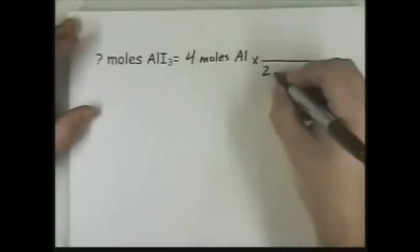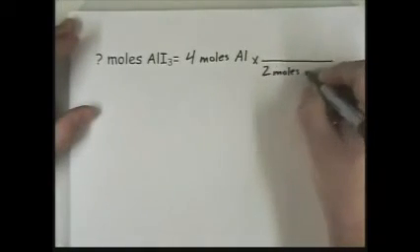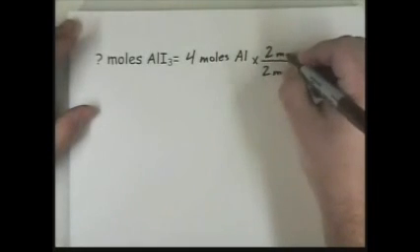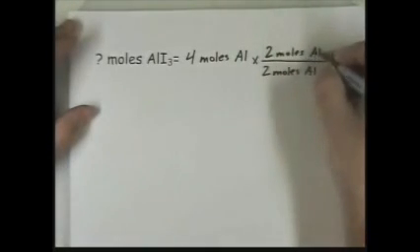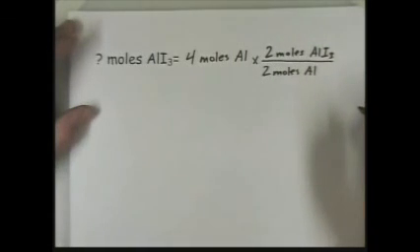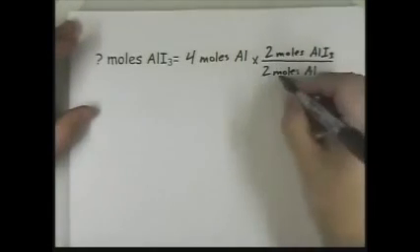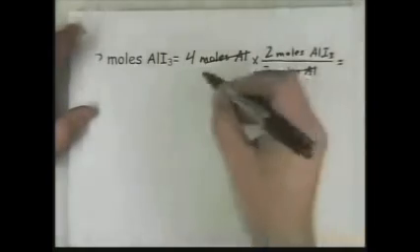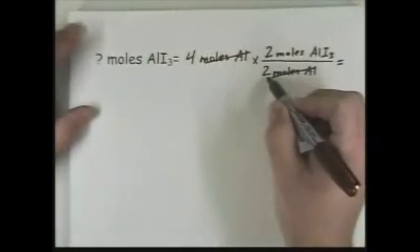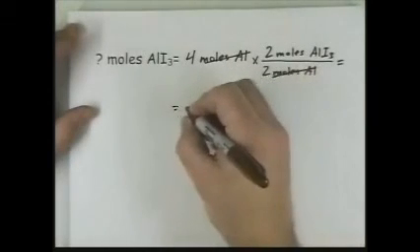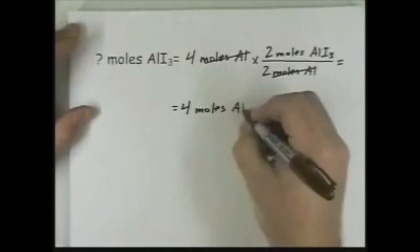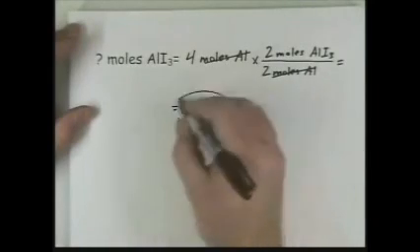Put 2 moles of aluminum on the bottom and 2 moles of aluminum iodide on the top. The moles of aluminum cancel. We multiply and divide to get 4 moles of aluminum iodide.